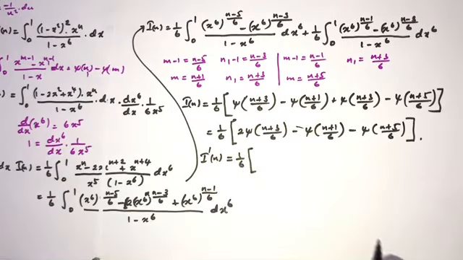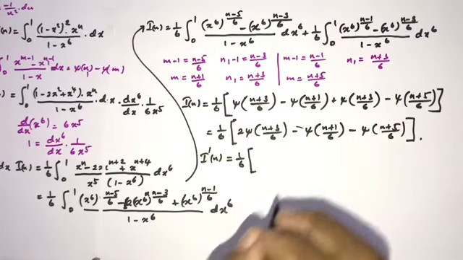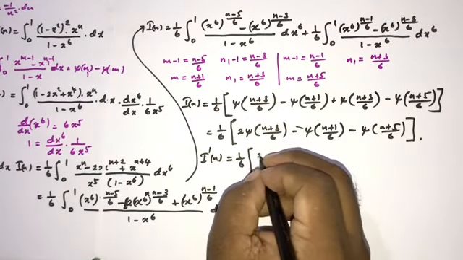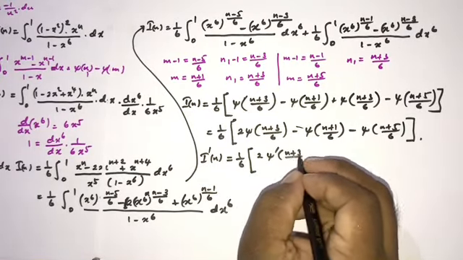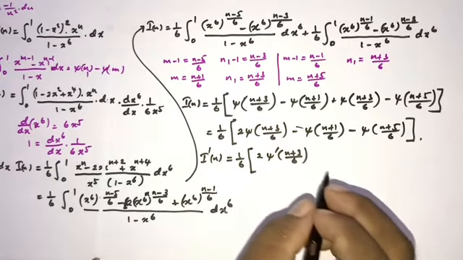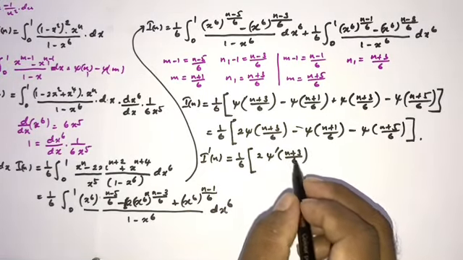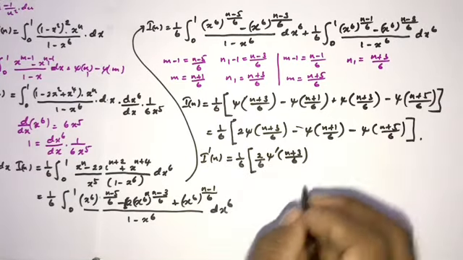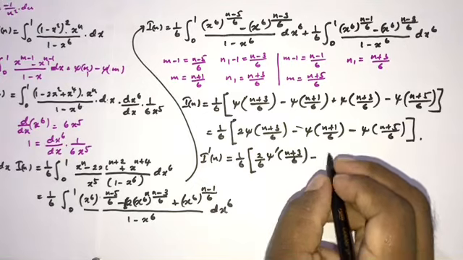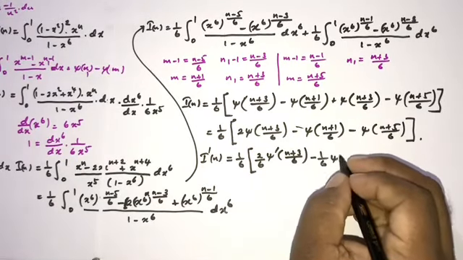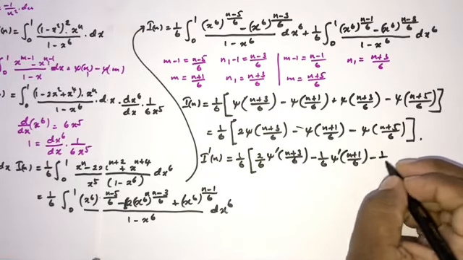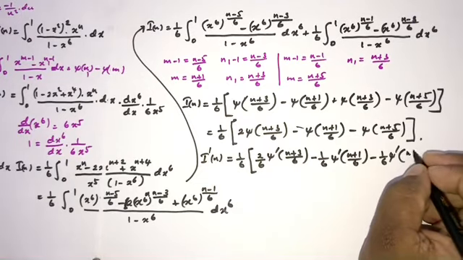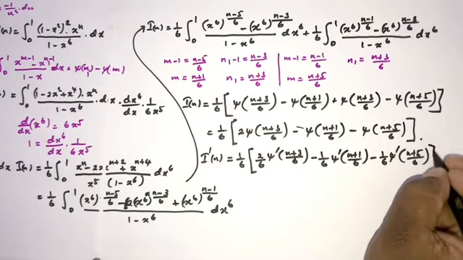We know the derivative of the digamma function is the trigamma function, therefore here we have 2 times trigamma of n plus 3 over 6, and we should multiply by the coefficient of n, so 1 over 6, so here 2 over 6, then minus 1 over 6 trigamma of n plus 1 over 6, then plus 1 over 6 trigamma of n plus 5 over 6.